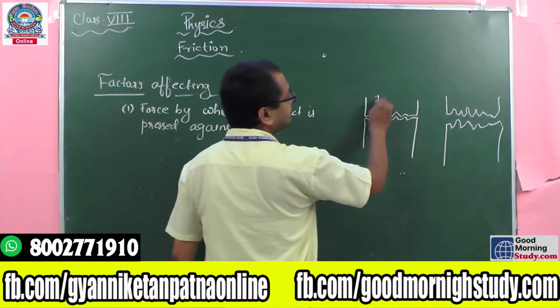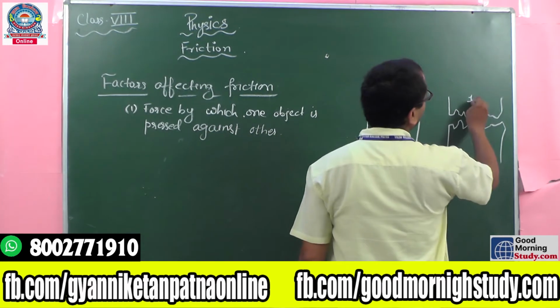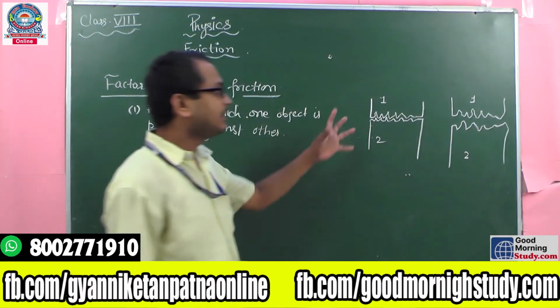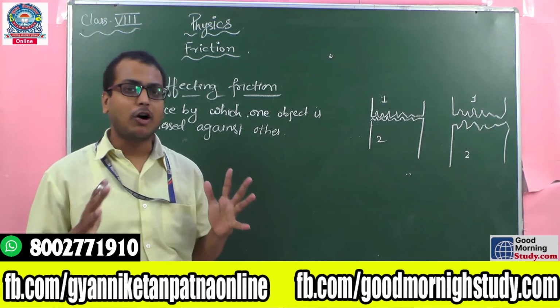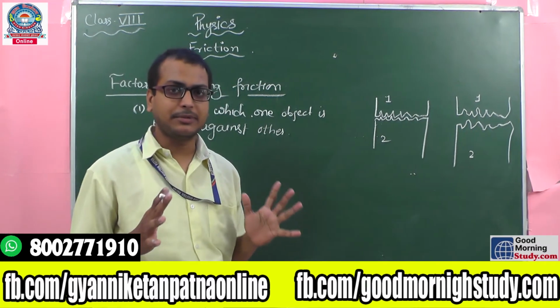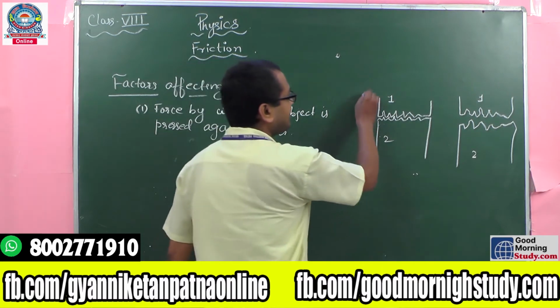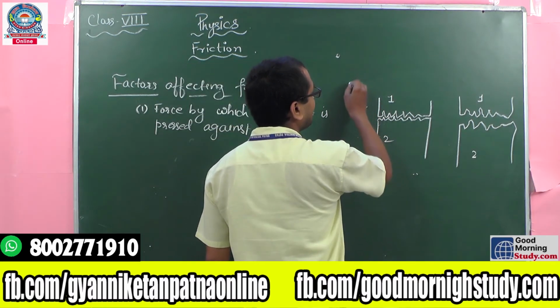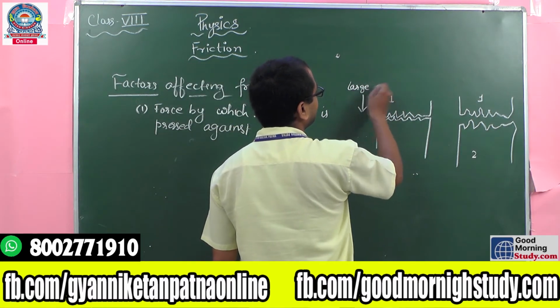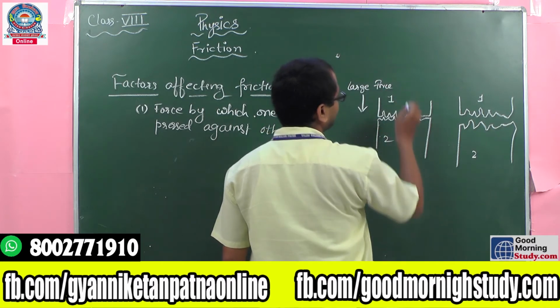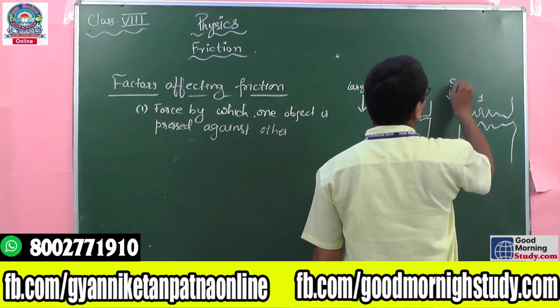This is object 1 and this is object 2. There are two situations we have considered. In the first situation, both objects are pressed against each other with more force, meaning a large force. In the second, a small force.